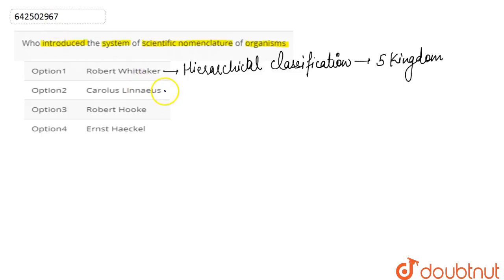Then Carolus Linnaeus, he introduced the system of scientific nomenclature, which is known as the binomial nomenclature, right? It was introduced by Carolus Linnaeus, who was considered the father of taxonomy.